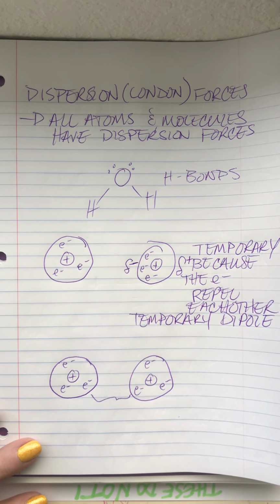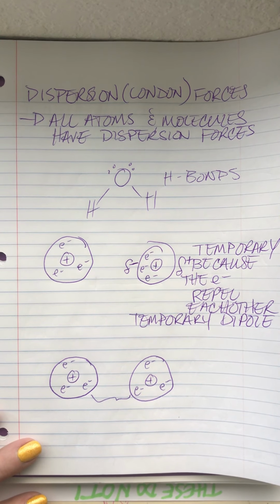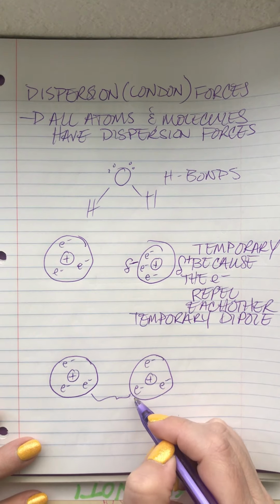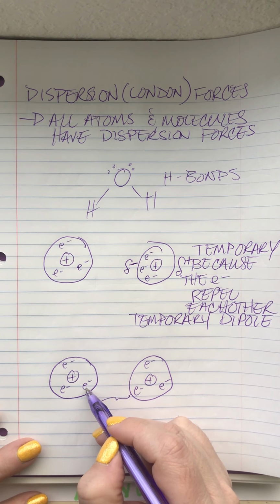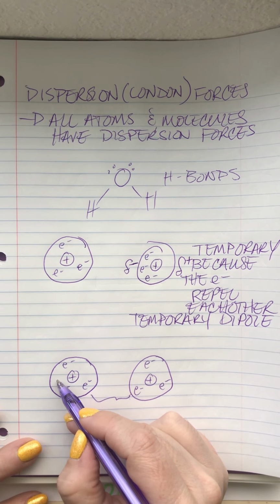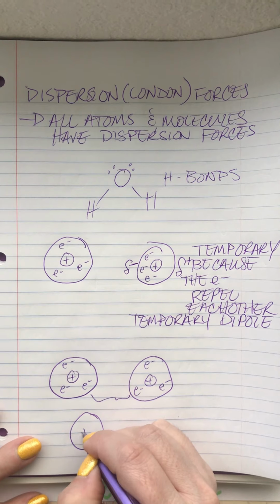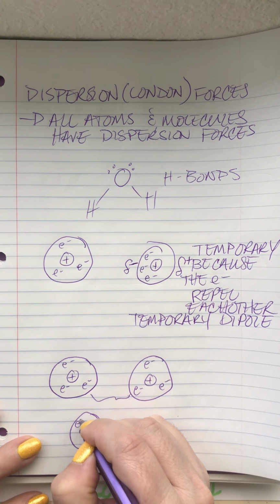Would the electrons from one of the atoms kind of move to the outside? Yeah, exactly. So these electrons over here are going to repel this electron over here, so it's going to make this electron migrate farther to this side.